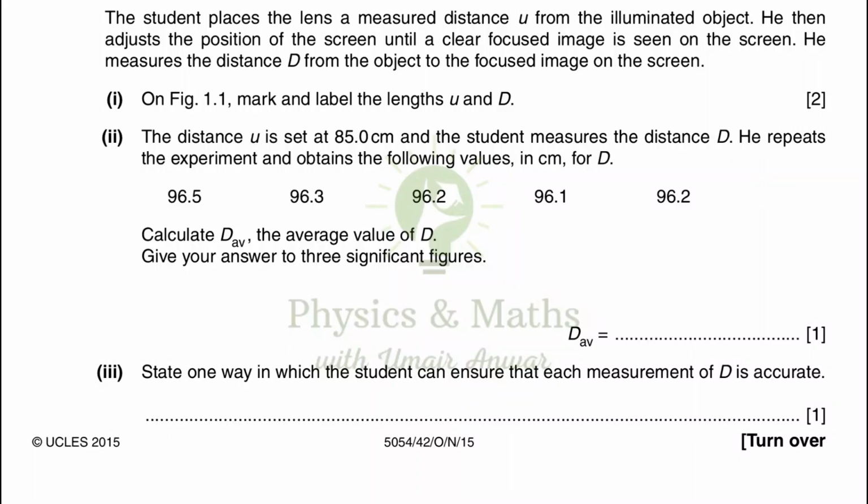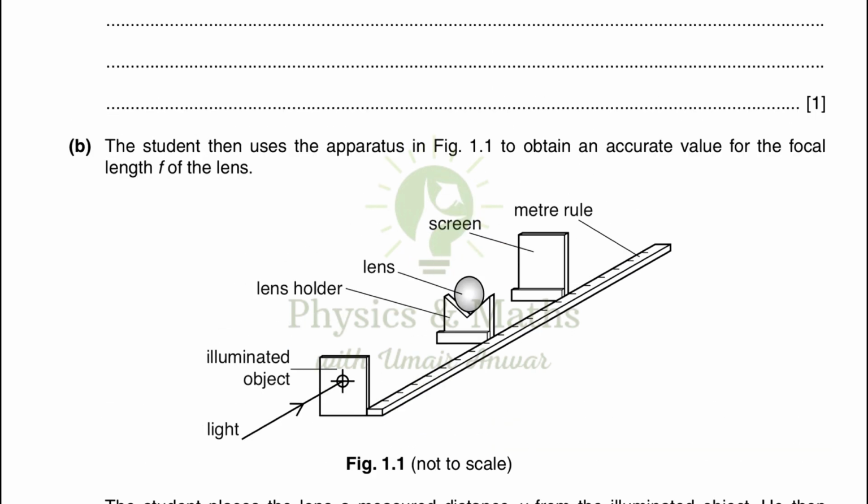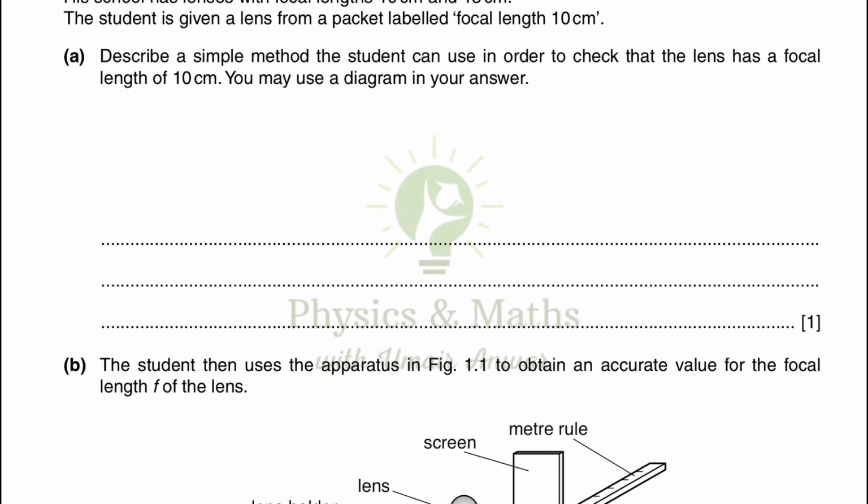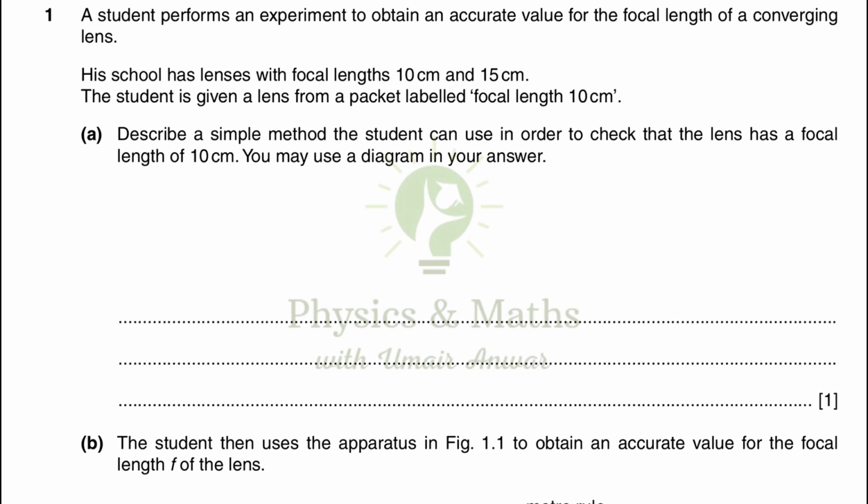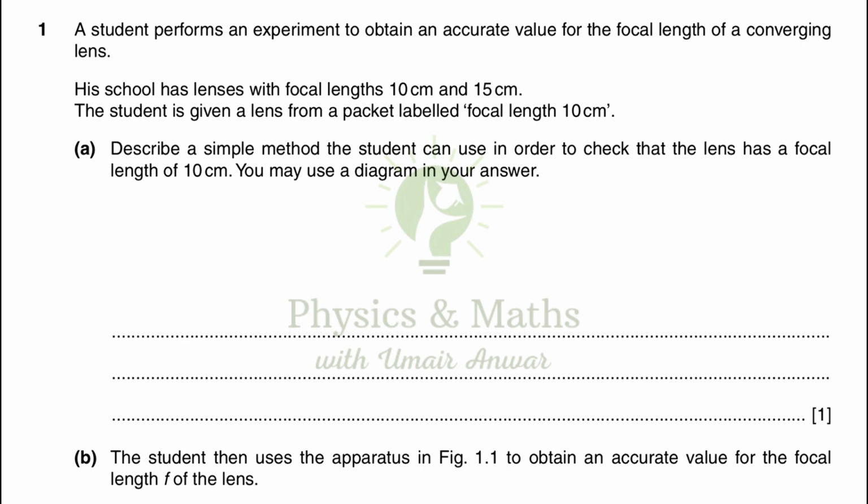Welcome to this tutorial. I'm solving question number 1 of paper 4-2 October-November exam series of 2015. The question is related to GCSE O-Level Physics 5054, and it is related to the topic of light and optics or lenses of the syllabus.